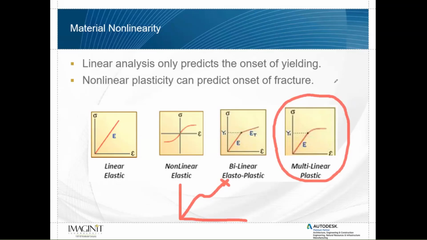For this, you need to actually input your stress and strain data points after you hit yield. It'll give you the first data point in the table, which is essentially this point in the curve on your linear static curve, right where it hits yield. And then you have to input data points beyond that for the software to follow.